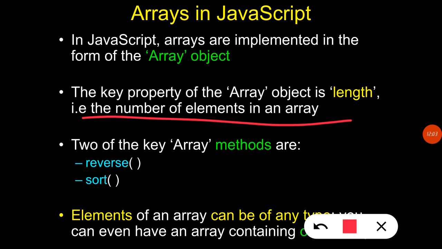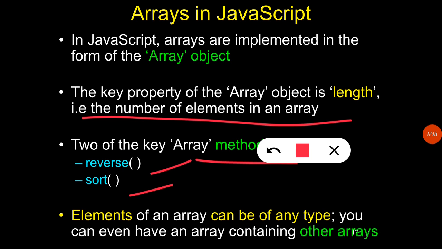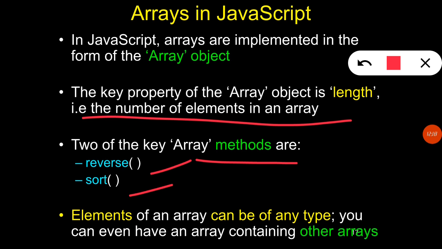Okay, and two of the key array methods are reverse and sort. You can reverse the elements of the array, or you can sort the elements of the array by using these two methods. Okay, and see, elements of an array can be of any type. You can even have an array containing other arrays.